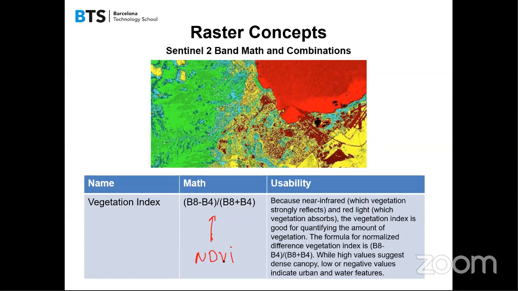It is an index that relates band 8 and band 4, so near infrared and red. It creates an index usually from -1 to 1, with 1 being extremely healthy vegetation, 0, and from 0 to -1 being no vegetation. So then you can get an assessment of the status of your vegetation.